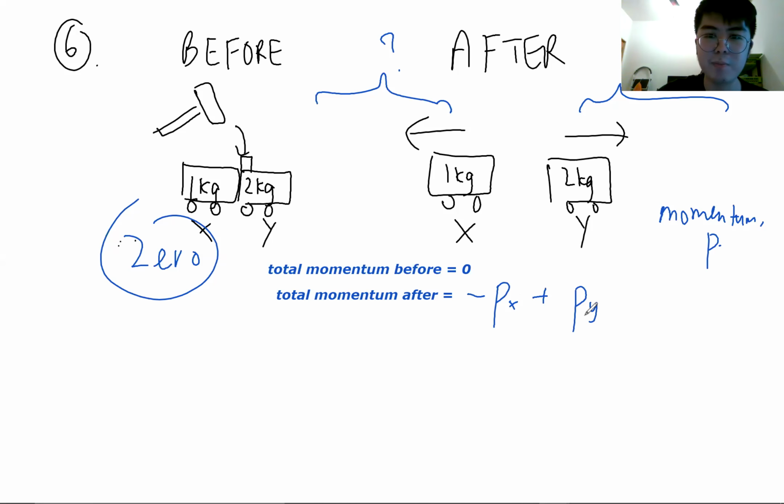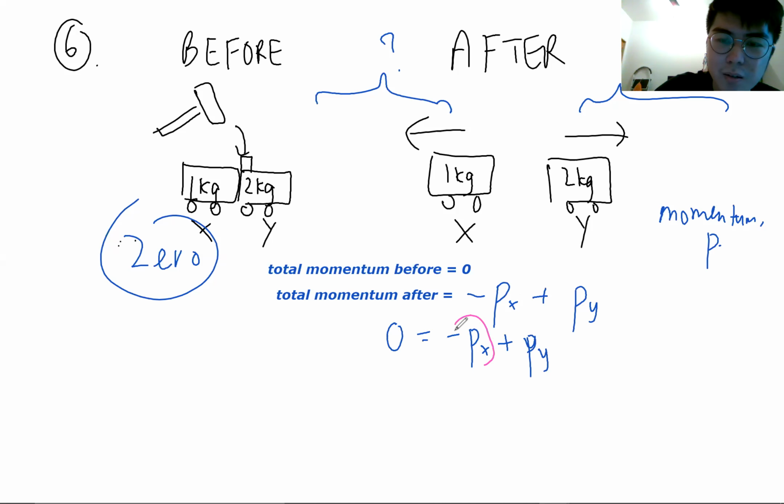So negative px plus py. So before equals after. Now what you do here is you take this one, move it over there. So what will you get? You will get positive px equals to py.